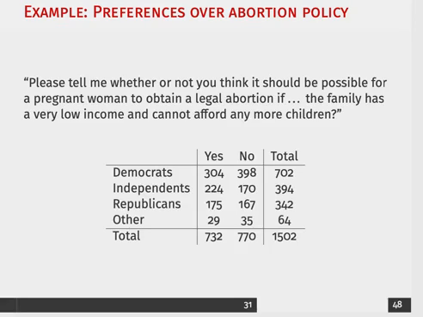The information that we have is how they responded to that question, yes or no, and we have information on their partisan preference. So whether they're a Democrat, Independent, Republican, or other. And here you can see we have the contingency table or cross tabulation of the Democrats that said yes and no, Independents yes and no, and so forth.